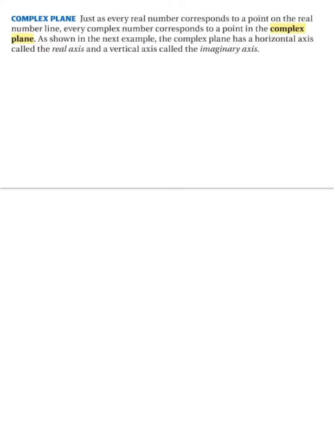So just how we could plot points on our x and y axis, we can plot complex points on what's called the complex plane. So instead of a y-axis, we have an imaginary axis and we have a real axis.